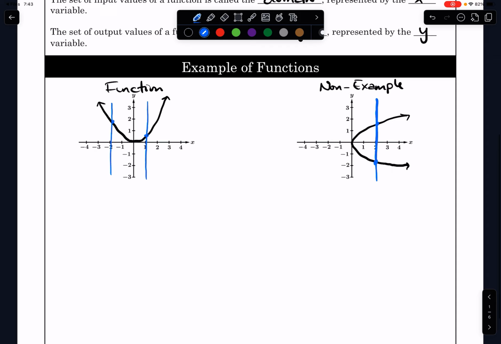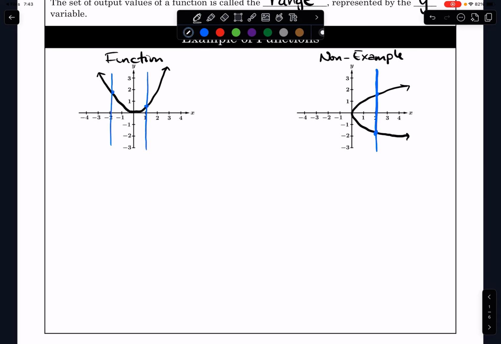Now, what does this mean in terms of an equation? Well, this equation right here is the equation y is equal to x to the second power, while the equation over here on the right is x is equal to y squared.